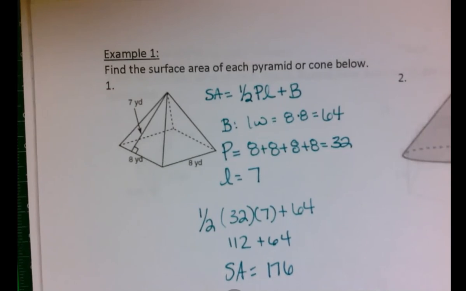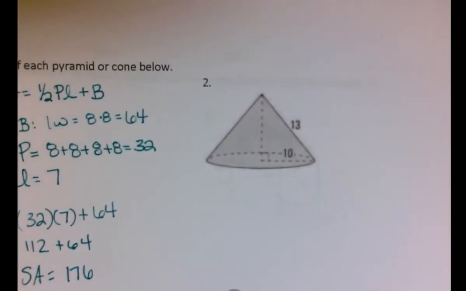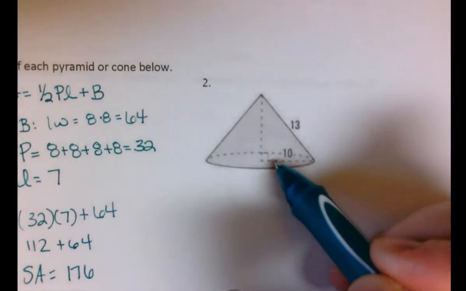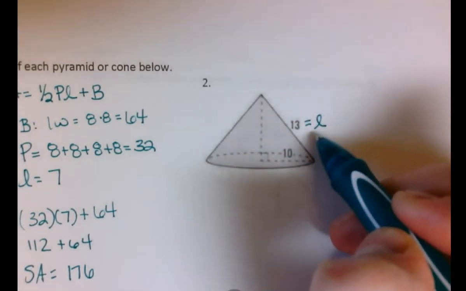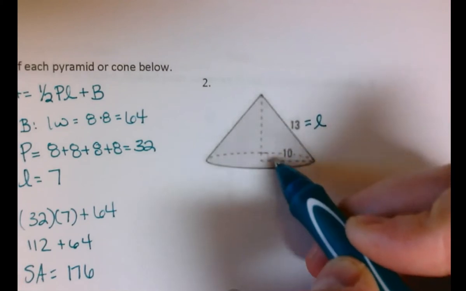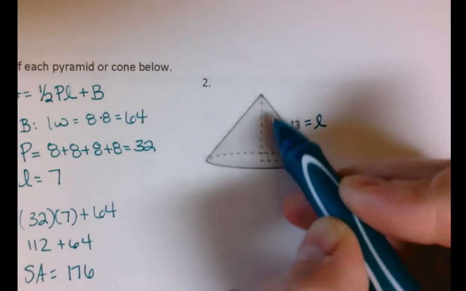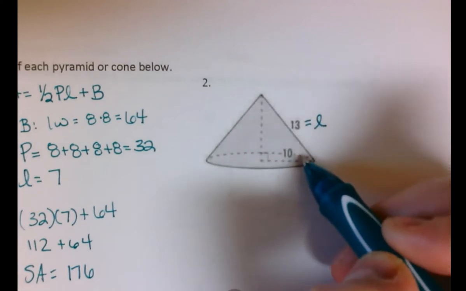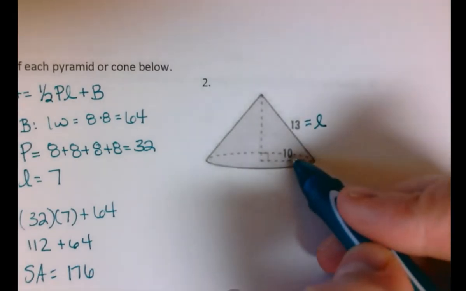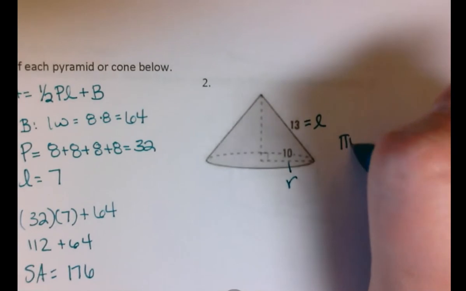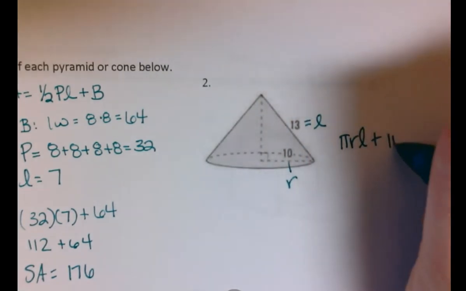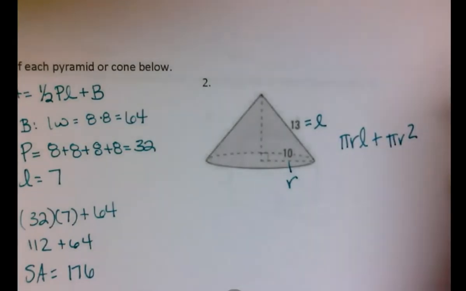Alright, on this next one, I have a cone. I have my slant height here, because it's on the outside. This is my height. I don't need to worry about that. My radius is 10, so I'm going to use pi r L plus pi r squared.